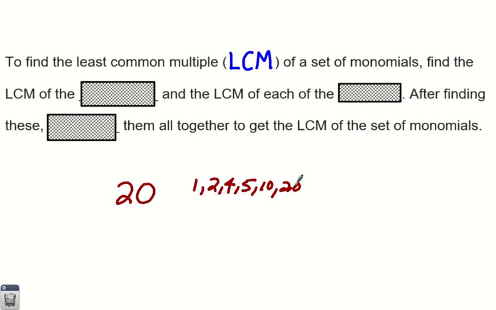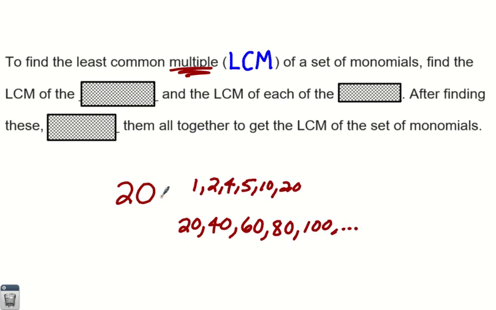But if I asked you for all the multiples, the multiples of 20 go like this. 20 is a multiple of 20. 40 is a multiple of 20. 60, 80, 100. And this keeps going forever. There's an infinite number of multiples of 20.